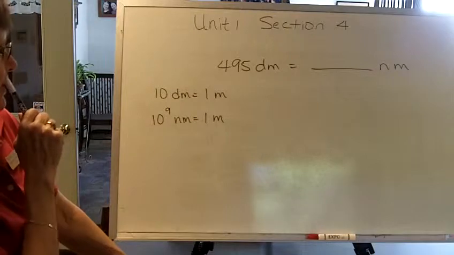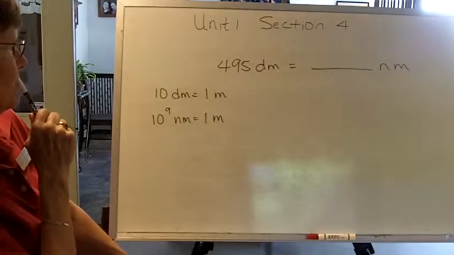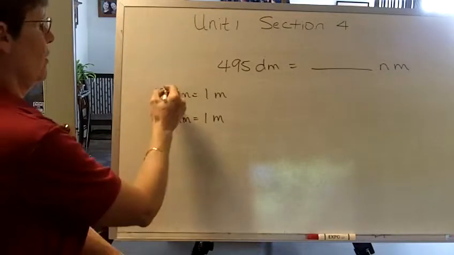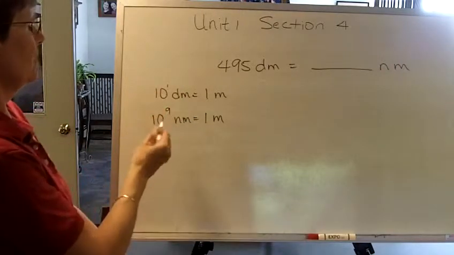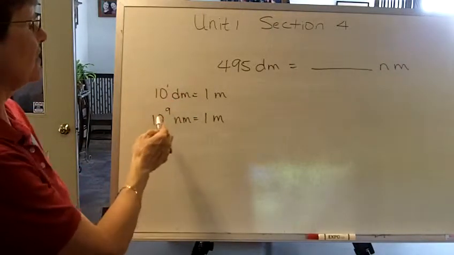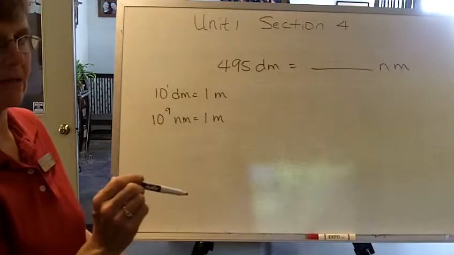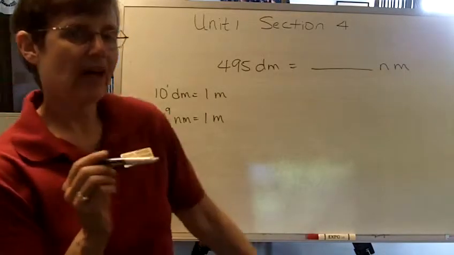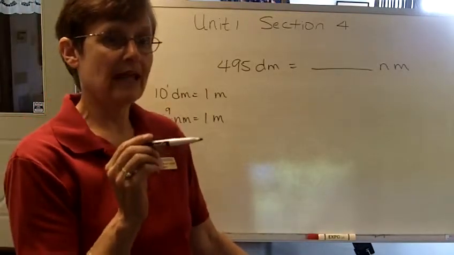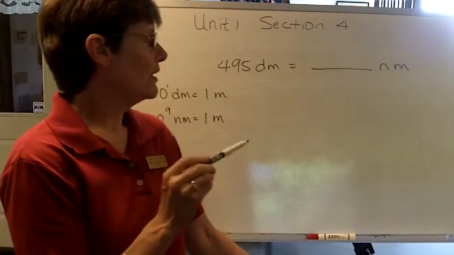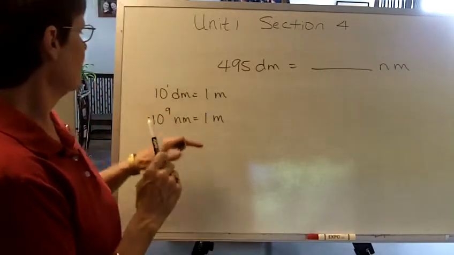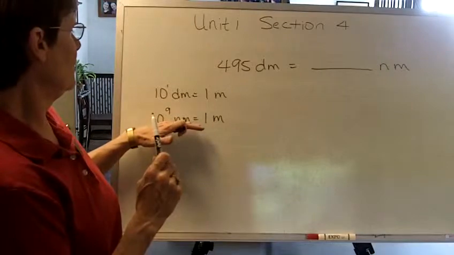So the difference here appears to be, this is 10 to the 1, do you remember? The difference here appears to be 8 decimal places. So I know that I'm going to have to move my decimal point 8 places in order to solve this problem, because that's the difference between a decimeter and a nanometer.